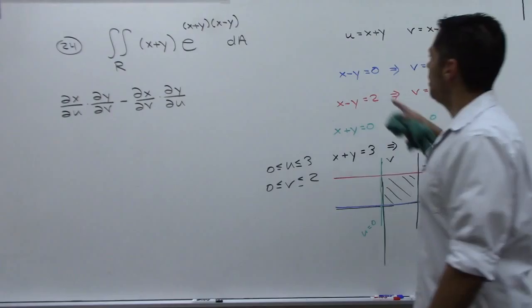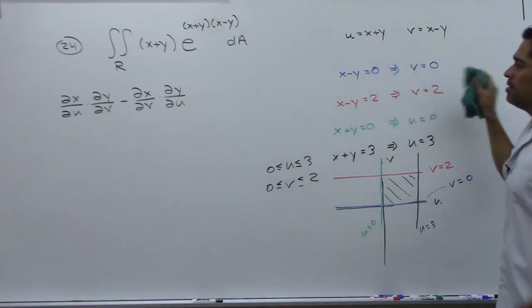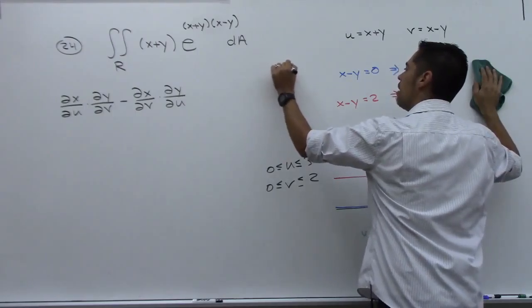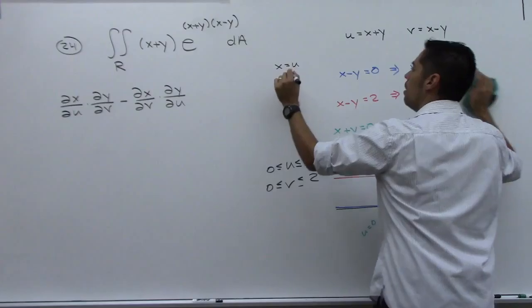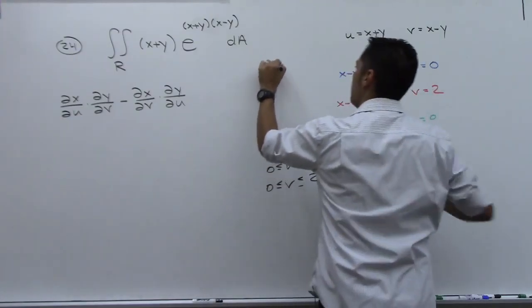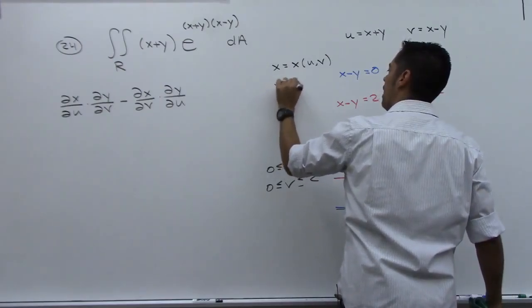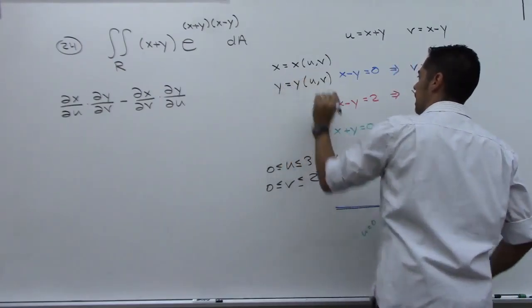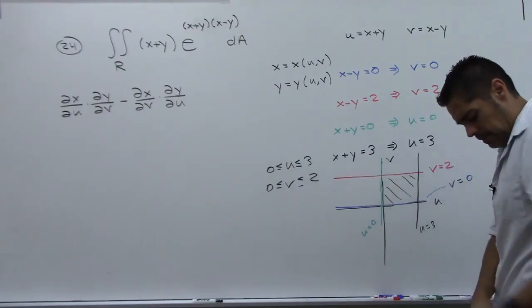But notice these are not solved for x and y. I do not have that x is some function of u and v, and I do not have that y is some function of u and v. I don't have that yet. Excuse me, hold on for a second.